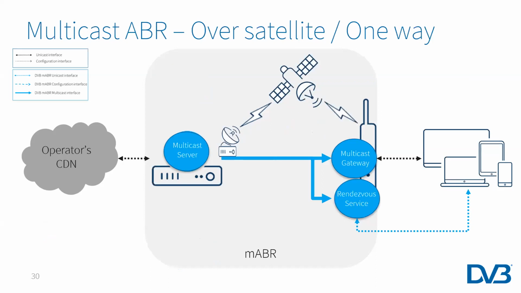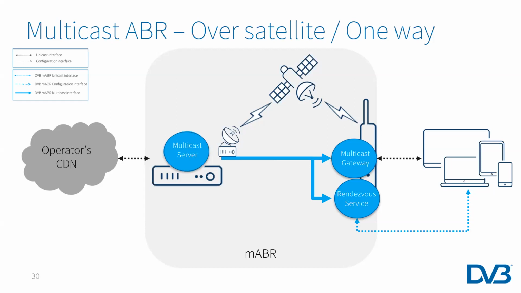Now we have in this case a real one-way case. It requires the rendezvous service to be colocalized with the multicast gateway, very important. In that case, there is no possibility of a feedback channel. The terminal still contacts the rendezvous service first, like I showed you earlier in the presentation.